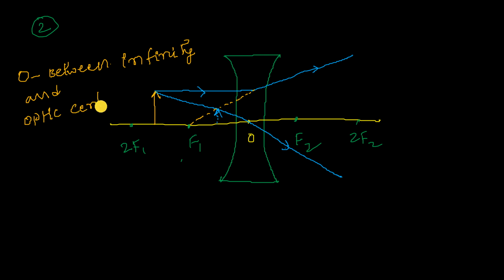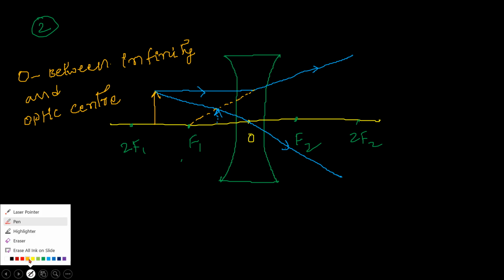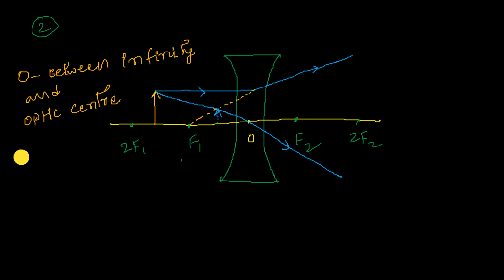The image is formed between F1 and O, the optic center.